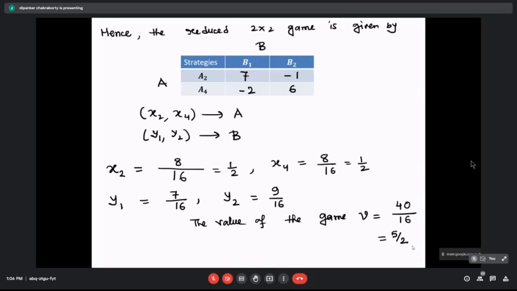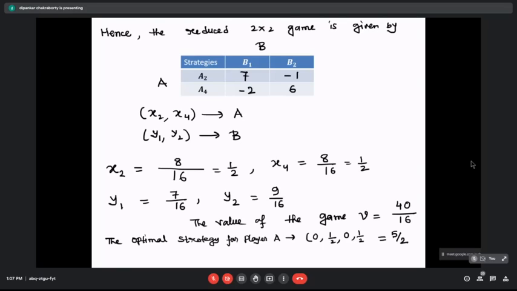So here the optimal strategy for player A is what? 0, half, 0, half.